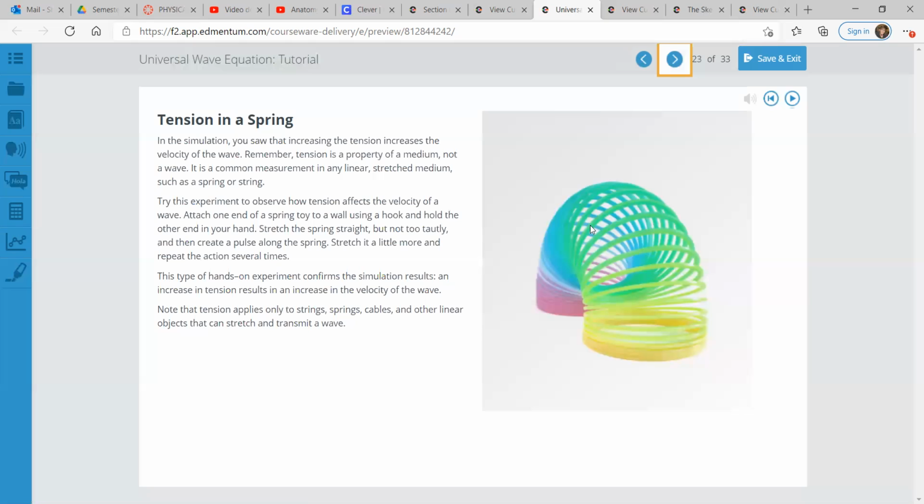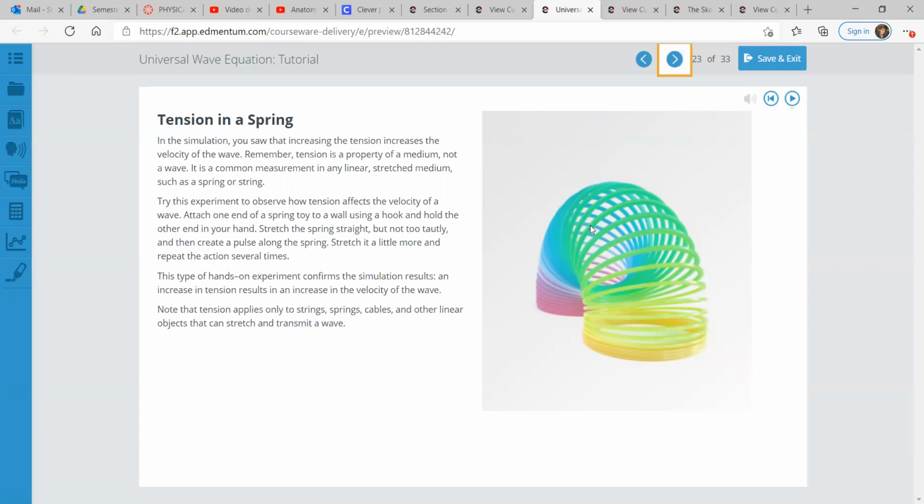It tells you how to experiment with how tension affects the velocity of the wave. If you have a spring toy, you can attach it to a wall using a hook and hold the other end with your hand. Stretch the spring straight, but not too much, and then create a pulse along the spring.